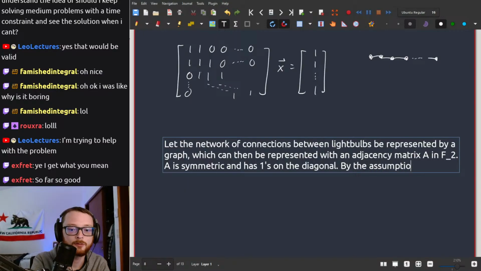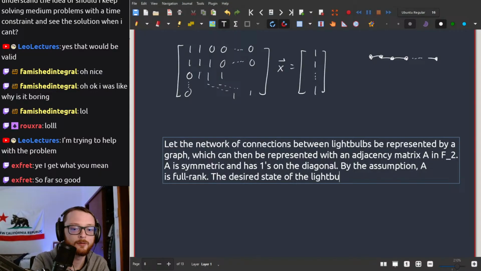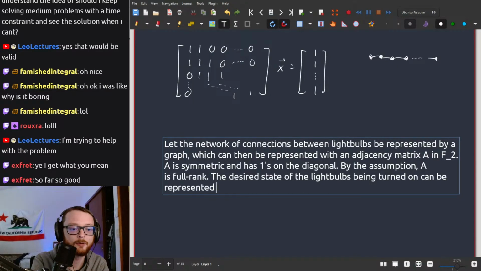By the assumption, A is full rank. The desired state of the light bulbs being turned on can be represented by the vector 1, 1, no zeros, 1.